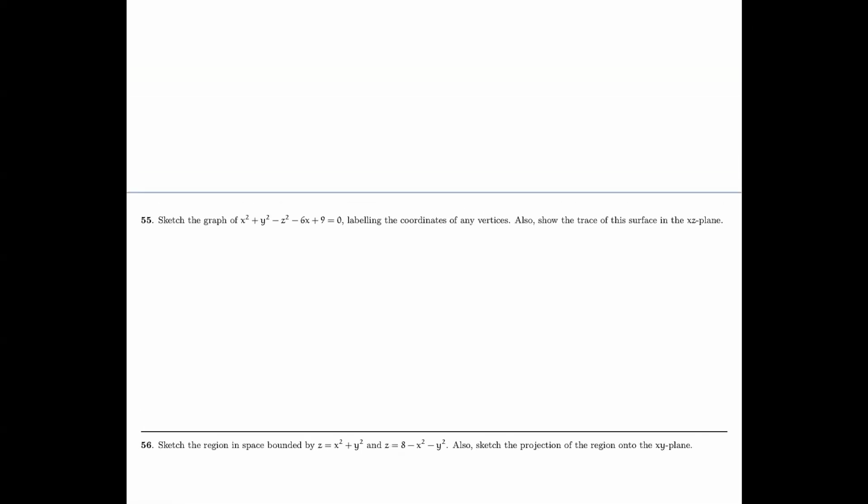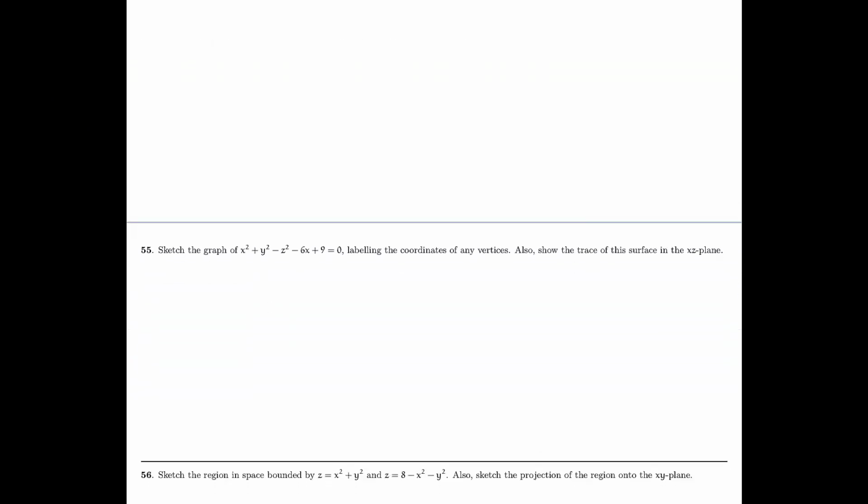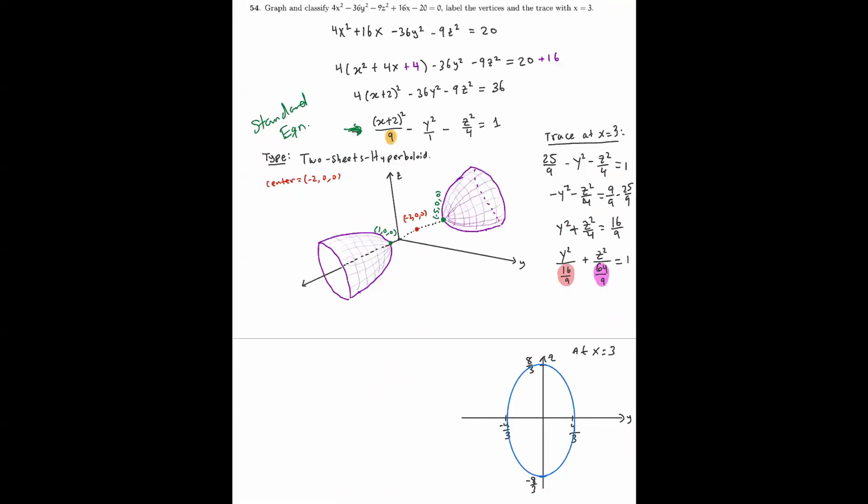So in our case right here, the one that we just did, everything was centered at the origin, but say we don't get everything centered at the origin, say we set, I don't know, y equals 0 or z equals 0, then the center has to be at negative 2, 0 or something like that. So you have to take that into consideration as well. So if this was shifted, we will have to shift that as well. But it wasn't. It was centered at 0, 0 for that.